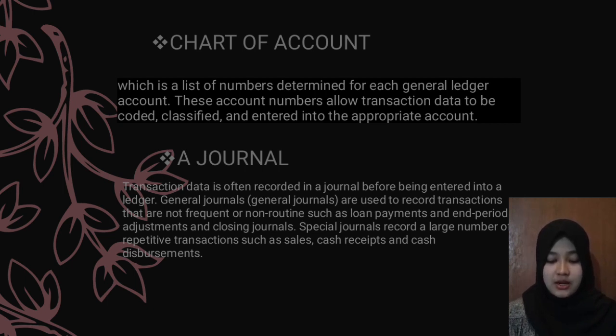General journals are used to record transactions that are not frequent or non-routine, such as loan payments, end-period adjustments, and closing journals. Special journals record a large number of repetitive transactions, such as sales, cash receipts, and cash disbursements.